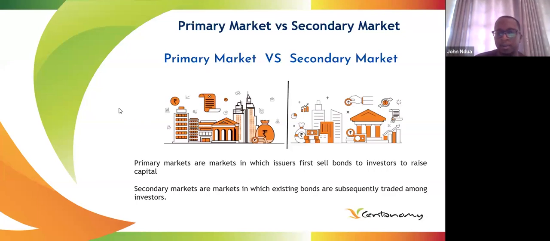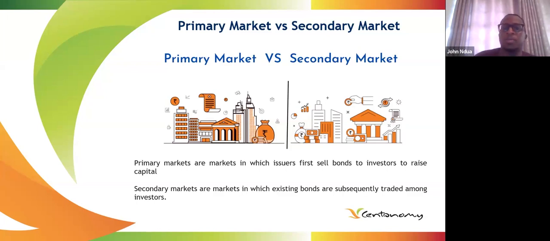And it's held by the central banks. So here's when the government wants to collect money, and they issue the bonds for the first time. So that is called the primary market. The primary market is run by the central bank.